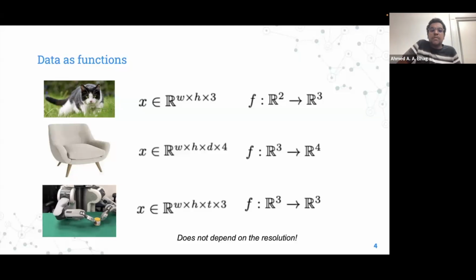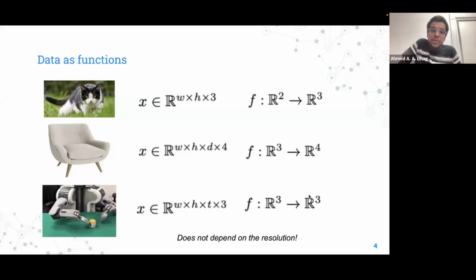And also we can go forward in the case of video. You have a 2D video, which could be a tensor in R^(W×H×T×3), which you can represent as a function going from R^3 to R^3. Compared to the image, you only have a new dimension in the input space. So instead of R^2, you have R^3, which includes time. Then you have the same signal space, which is RGB colors.